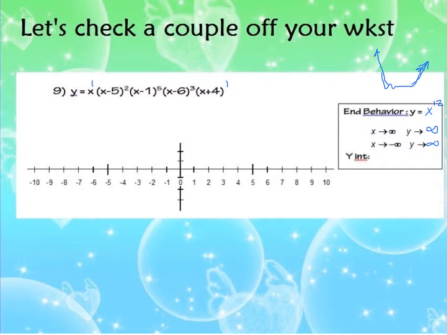And so if you do that, you'll plug 0 in for x right here, times, plug 0 in, that'd be a -5, squared is 25. And then when I plug 0 in, I'd get a -1 to the 5th power is a -1. And I could keep going with all of this, but look back here. We're multiplying by 0. Doesn't matter what those numbers are, my y-intercept is going to end up equaling 0.